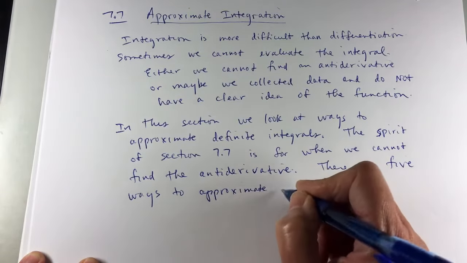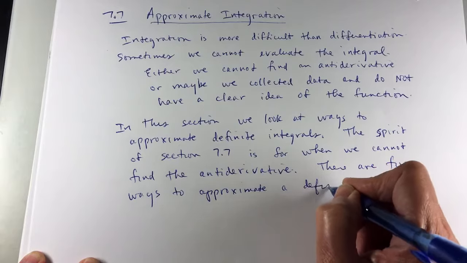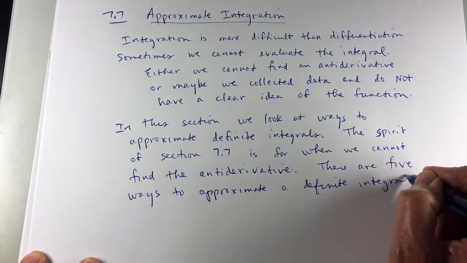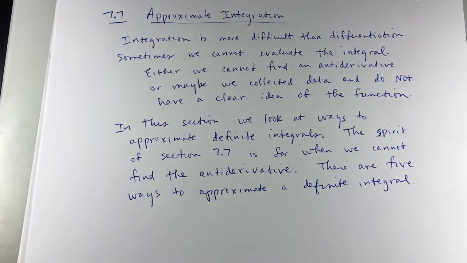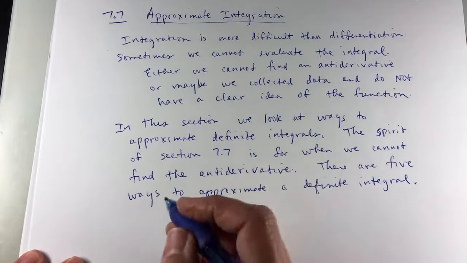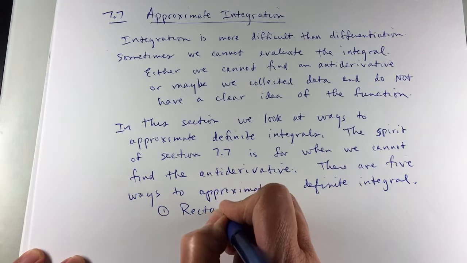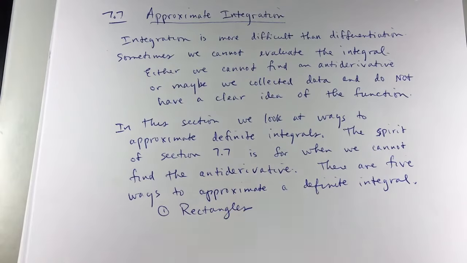And 2 of them you saw last semester, but I like to list them in the 5. And in fact, I got 3 categories. The first one is with rectangles. The area under the graph, I could approximate it with rectangles, add up the area of the rectangles, and get an approximation of the definite integral.